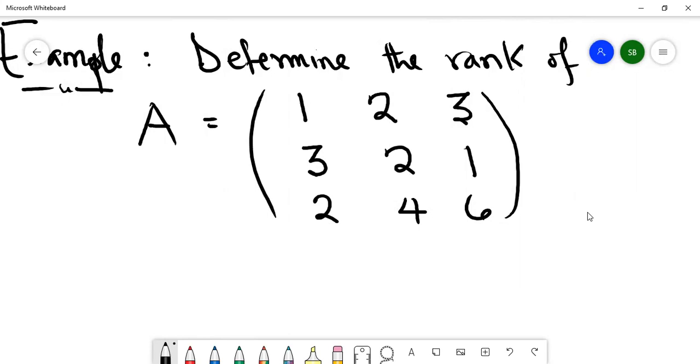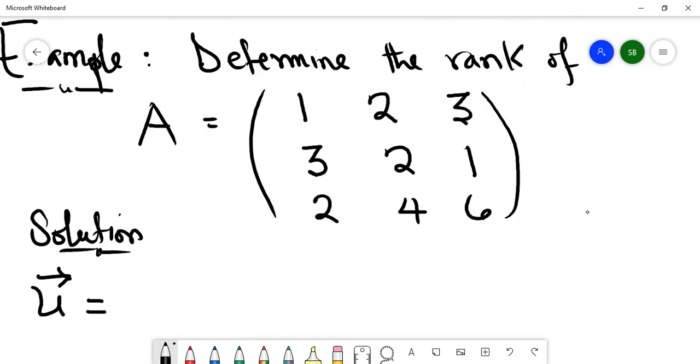So if you look at the matrix here, solution: you observe that the first row, let me represent it by this symbol, permit me to use U, and then I write the vector as 1, 2, 3 to indicate the row vector for this matrix A, that is the first row.